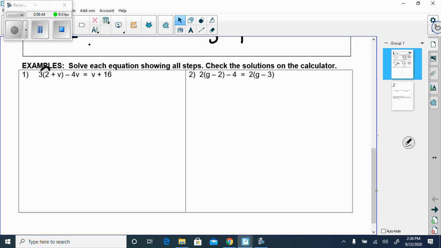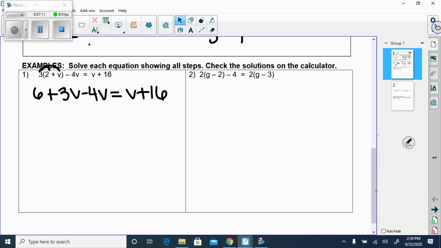So I've got 3 times 2. Good. And then I'm just going to bring down everything else exactly as it is. So I'm going to bring down the minus 4v, and then on the other side, bring down the v plus 16. Okay, now that I've distributed, what do I need to do?